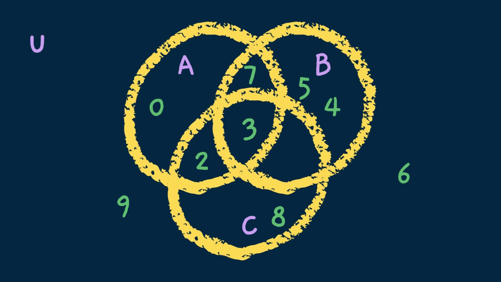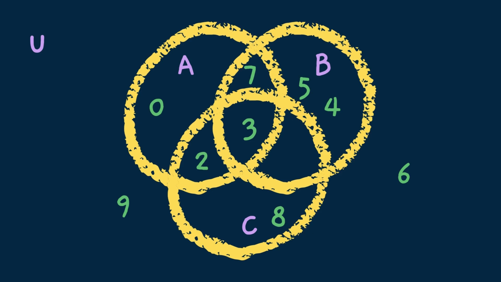Set C naman ay may element na 2, 3, at 8. Again, may mga elements sa labas ng tatlong sets, 9 and 6. This means that kahit hindi kasama si 9 and 6 sa sets A, B, and C, kasama pa rin ito sa universal set. Note that sets A, B, and C intersect with each other.